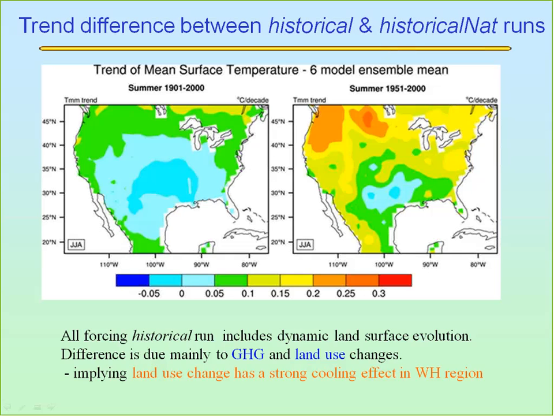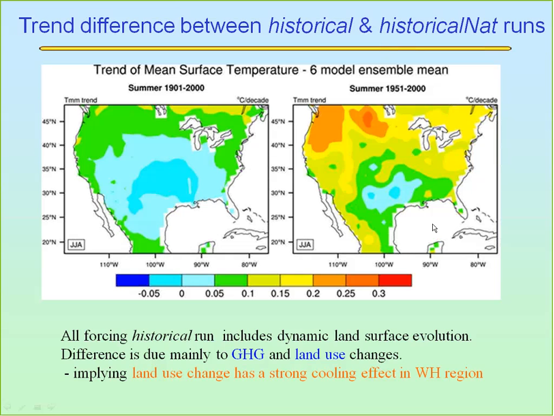The previous slides showed greenhouse gas causing a warming effect. Now these two together cause a cooling effect. This is a negative, cooling effect. Therefore, it implies that land surface changes have a strong cooling effect over the central U.S., even stronger than greenhouse gas.